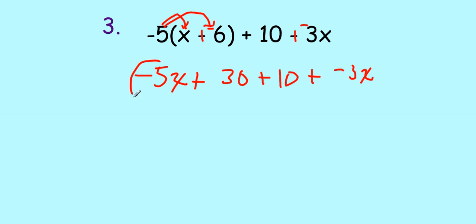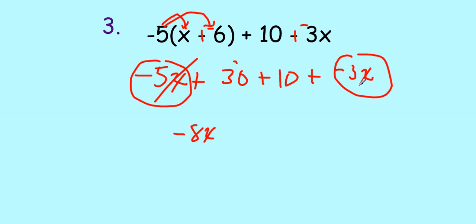Circle your like terms, 5x and negative 3x. Those go together to make negative 8x. And then cross those out. Then we need our 30 and our 10 to make 40. So negative 8x plus 40.